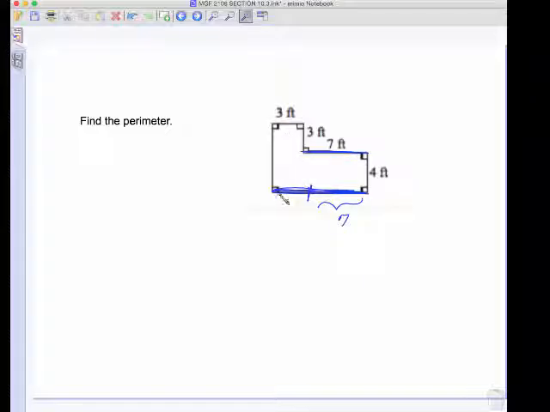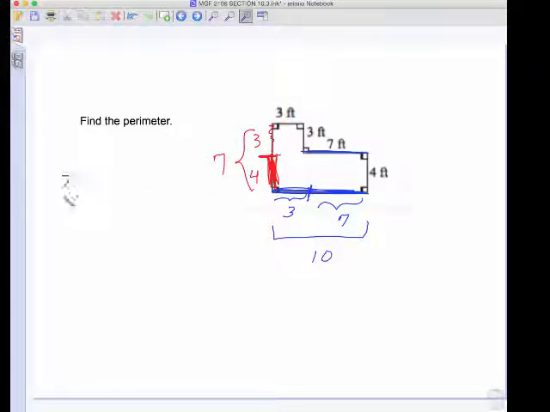Look above, this portion is 3, so that tells me this whole side is 10 feet. And I will do the same thing over here, going up to here. I can draw it. That much is equal to this 4 over here. And then the rest of this is equal to that 3 right there, which makes that side 7.